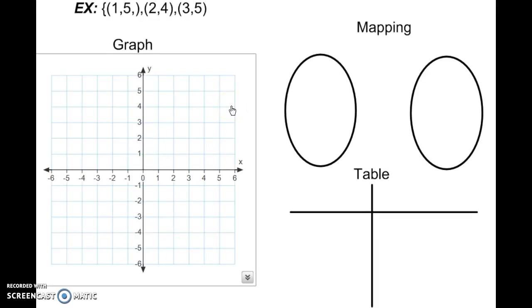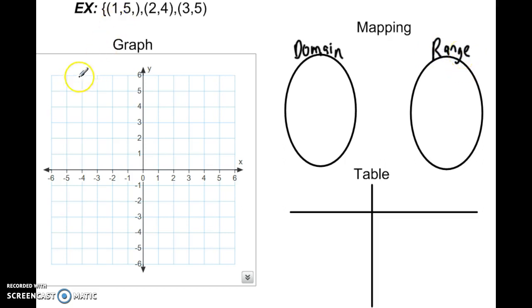First, let's talk real specifically about what these things are. So when you do a mapping, the first values there in the mapping are the domain, and the second values are the range.